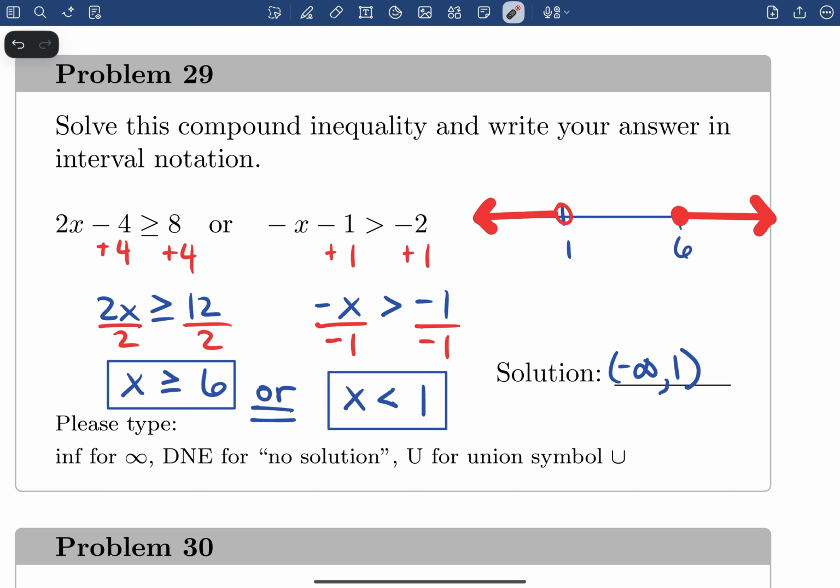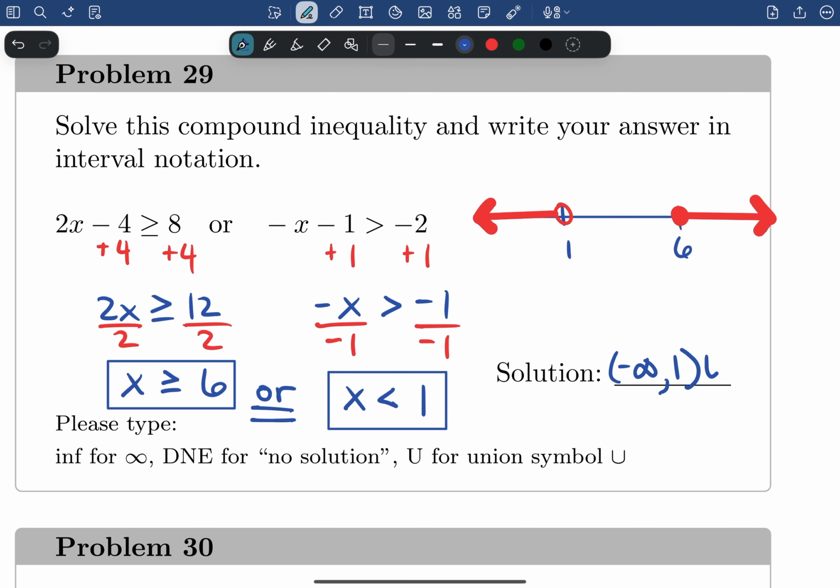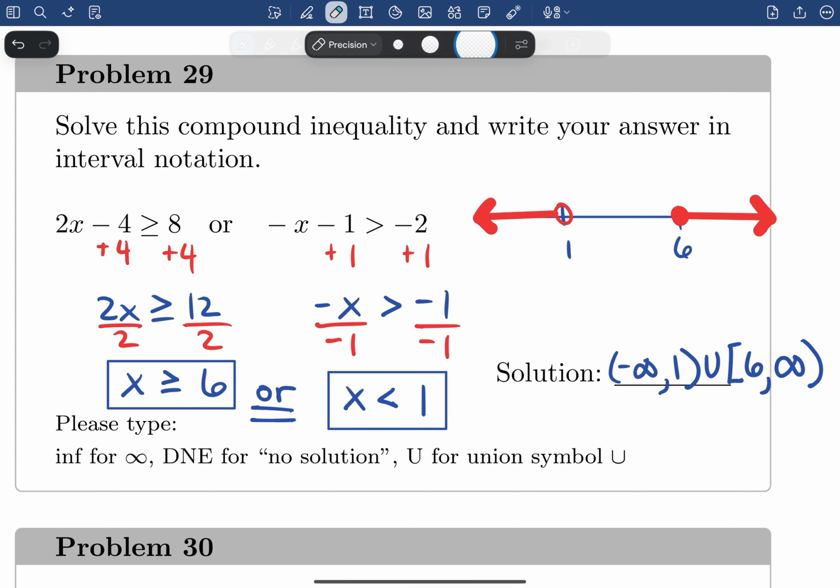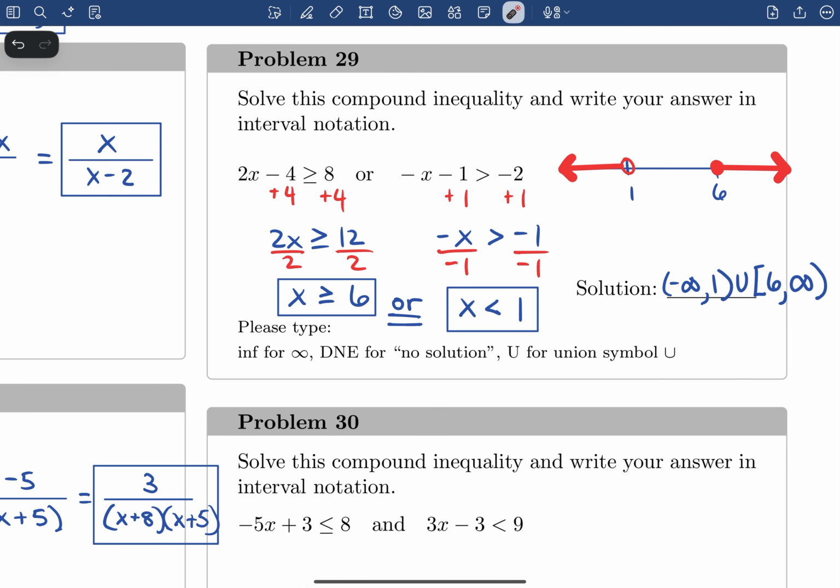Why is this a parenthesis? Because there's an open dot at 1. Then I put a union symbol, and I start the next interval at 6 with a bracket, comma, infinity. 6 has a bracket because it's a closed dot, right? X is greater than or equal to 6. So closed dot there. And there's the way I would report my solution in interval notation.